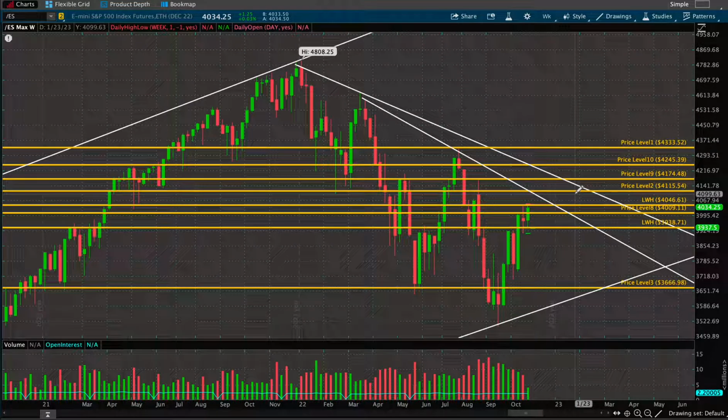Cool. And if we do break out from the downside, I did come up with this 4009 or 4010 level based on the high volume nodes from market profiles.